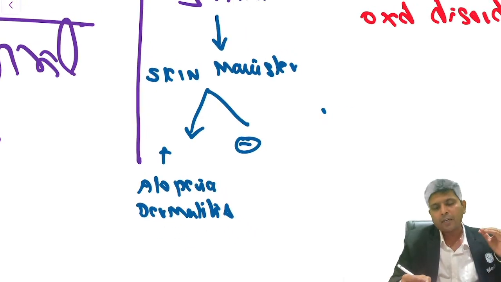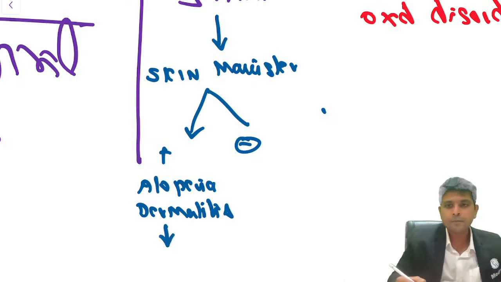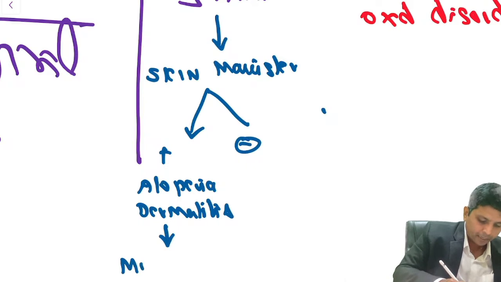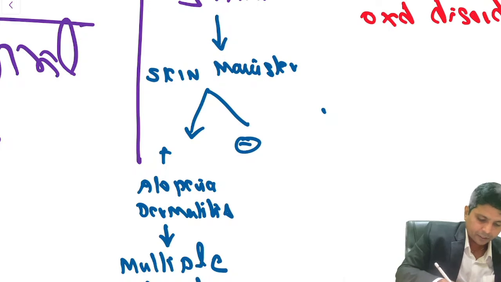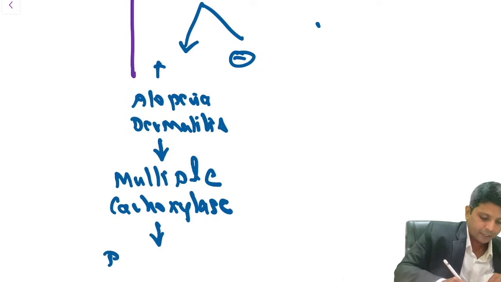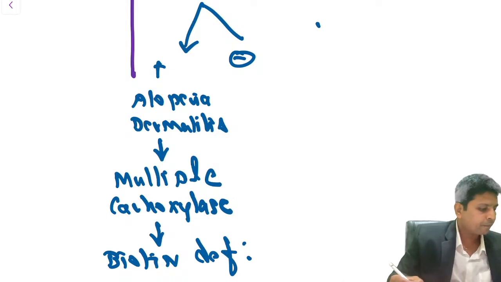Whenever you have an acute worsening with alopecia and dermatitis, invariably the diagnosis is multiple carboxylase deficiency, which is due to biotin deficiency.